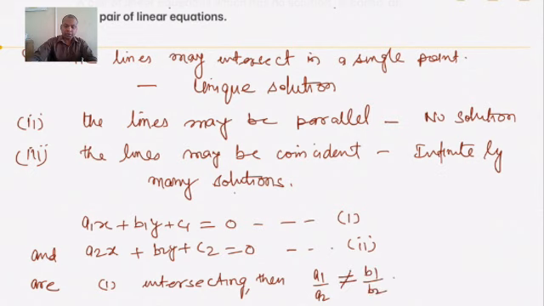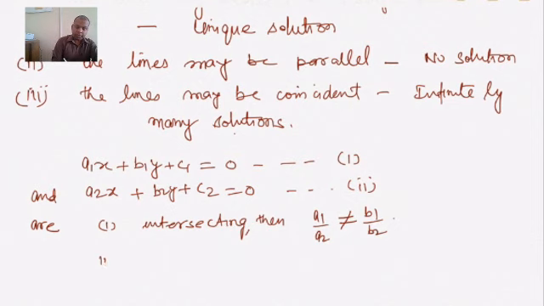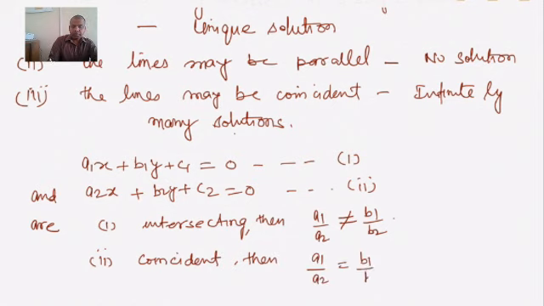This is the condition that both the lines are intersecting. Second, lines are coincident, then we have a1 by a2 is equal to b1 by b2 is equal to c1 by c2.